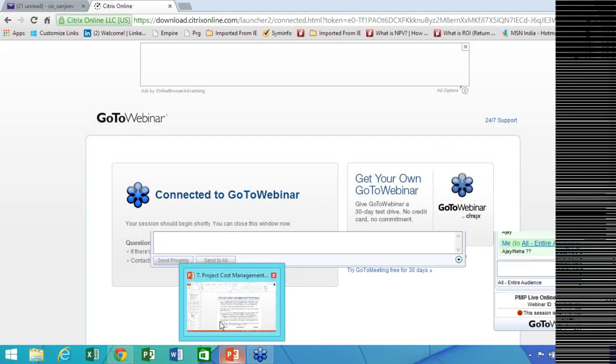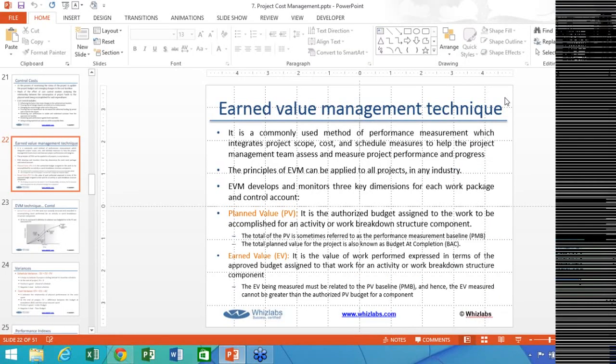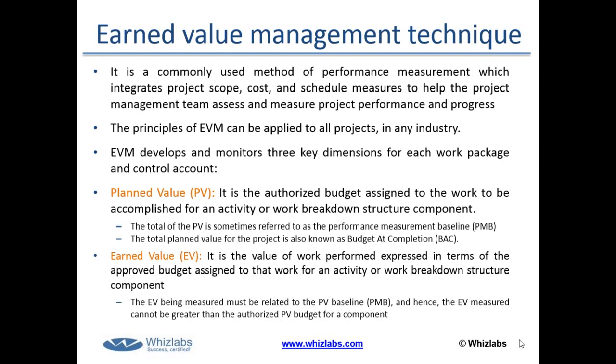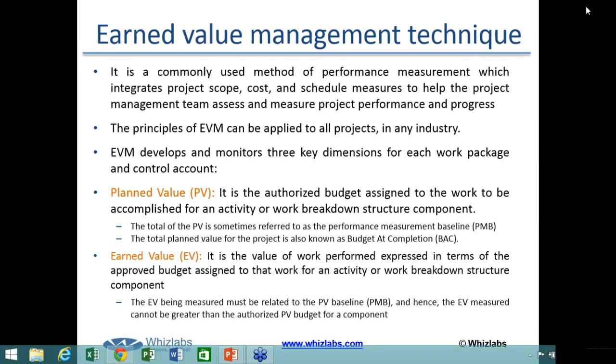One second, let me check with them. Vijay, can you see the screen now? Yes. Yes, I am seeing. Angela, do you have any questions? Tell me. Hi, Sanjay. I was not able to see the screen. Yeah, right, I can see.